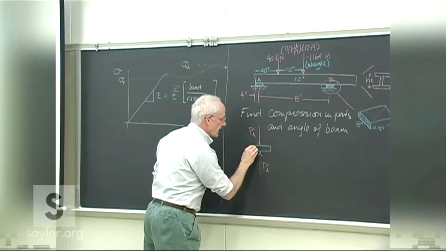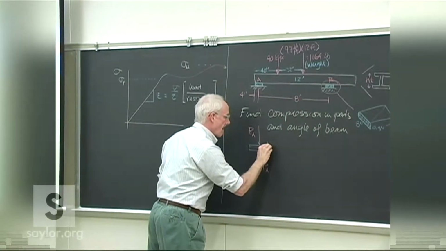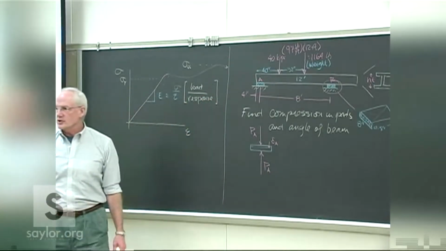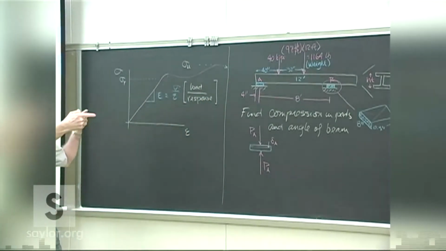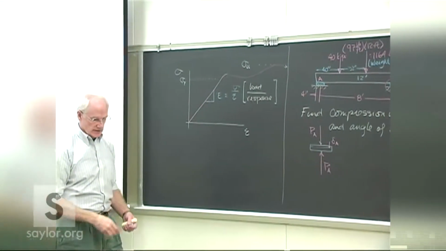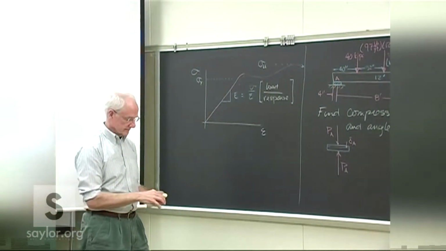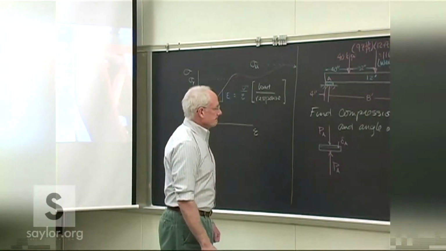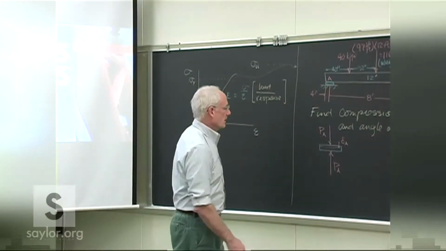And we want to find out what that compression is. Then the comparison of the two will allow us to find the angle of the beam once loaded. So let's see how we're going to get there.